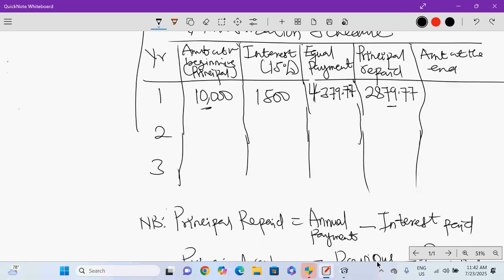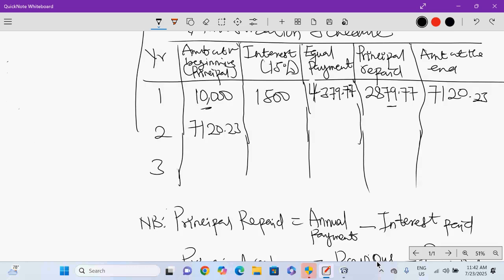How do you get the principal at the end? We have paid 2,878.77. How much is remaining? 7,120.23. So this will be the same amount at the beginning.